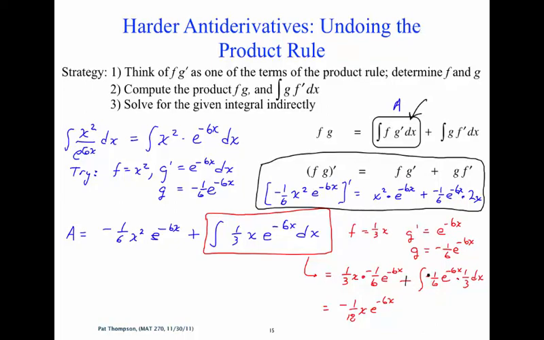Okay. And then we have to put it back in. So we just put all that back in. What's 18 times 6? 108? Is 18 times 6 108? That's what you got? Okay.